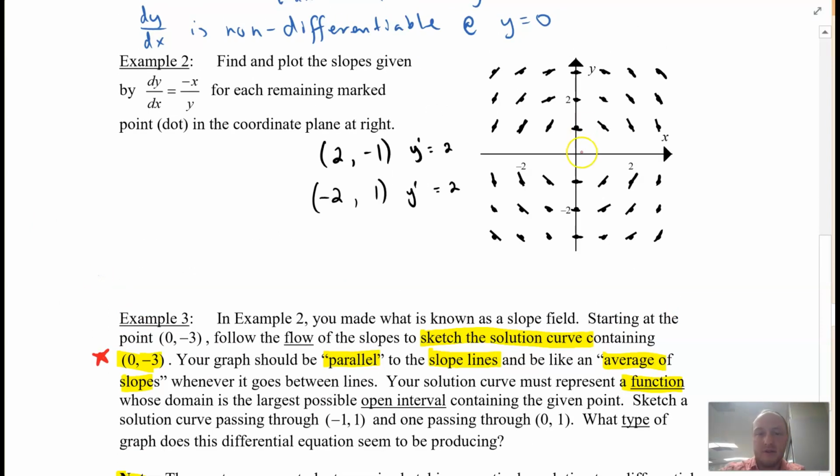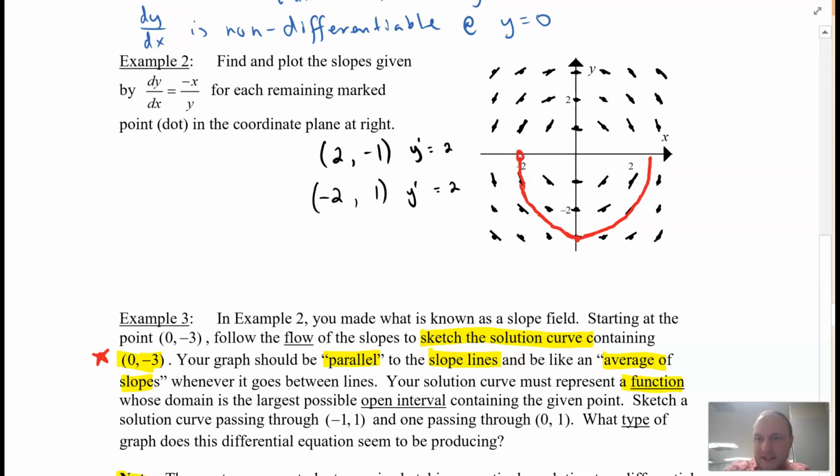Okay, (0, -3), so that is down here. At this point I just want to draw a curve and go with the flow. So notice my slope looks like this. I'm out here getting steeper, and then I get to here.